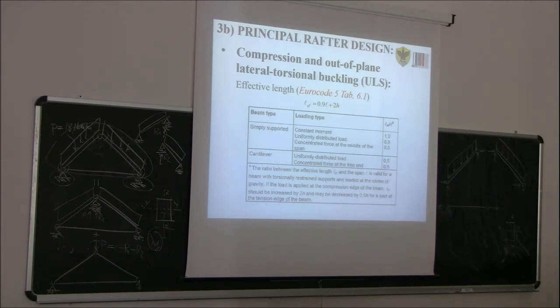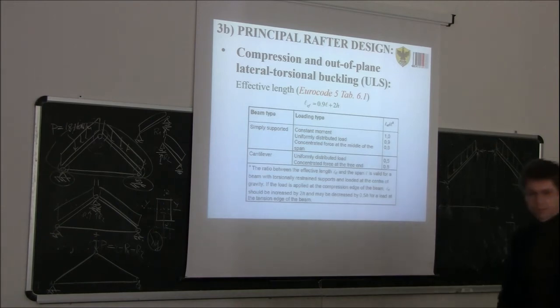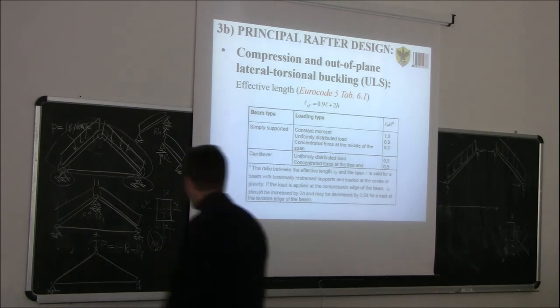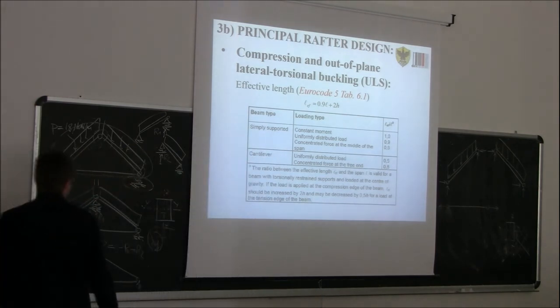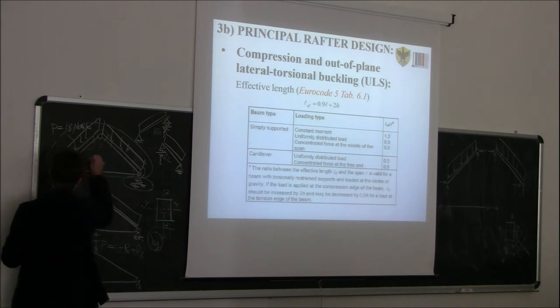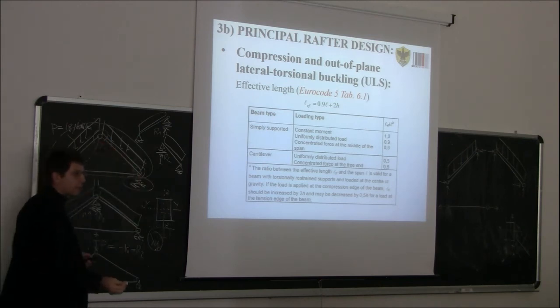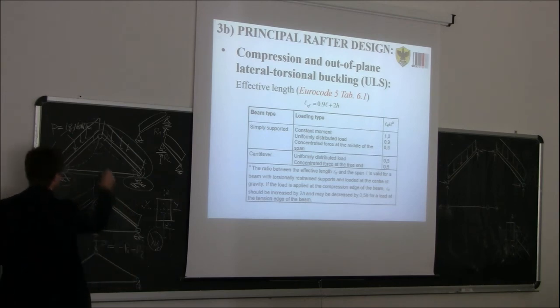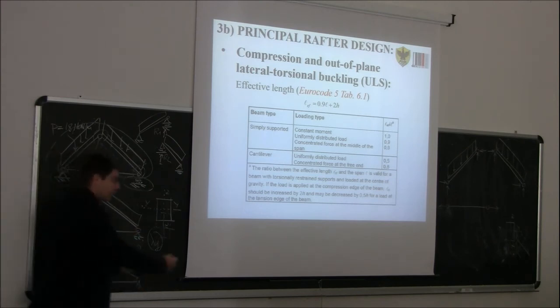So for a structure like this, how can it buckle out of plane? Before, when we were checking the in-plane buckling, it was quite clear that this would be the buckling length. It couldn't be anything different, because this one is restrained by this, and this member is restrained by the other one. But now we are checking out of plane.